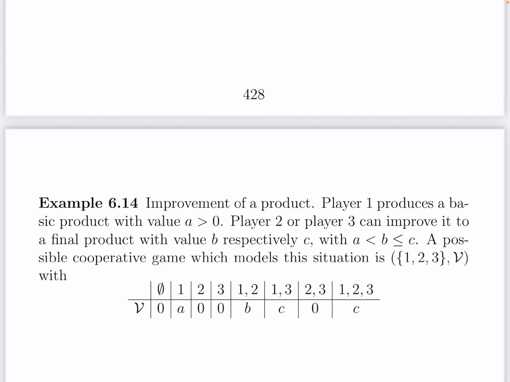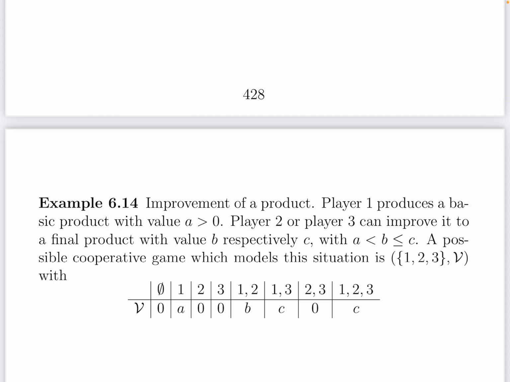We have 3 players, and player 1 can produce a basic product with some positive value A. Player 2 can do nothing alone, but he can improve the basic product of player 1 to a final product with value B, which is bigger than A. And player 3 also can do nothing alone, but he can improve the basic product of player 1 to a final product with value C, where C is bigger or equal to B. And players 2 and 3 together can't do more than player 3 alone.